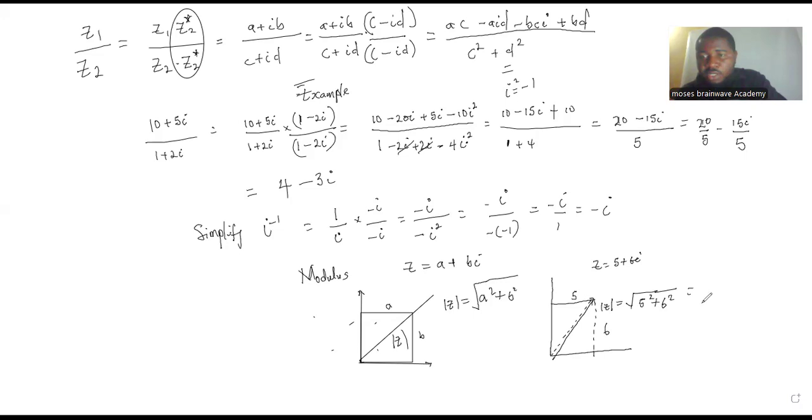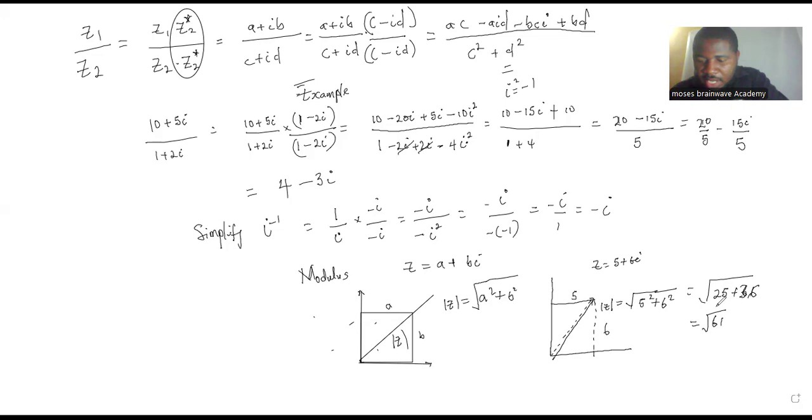This should give me what? It should give me the square root of 25 plus 36, which will give me the square root of 61. So that is very, very simple.